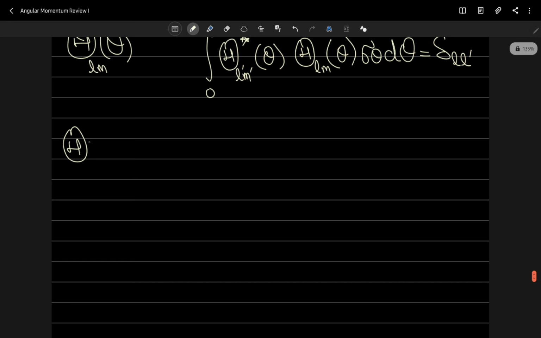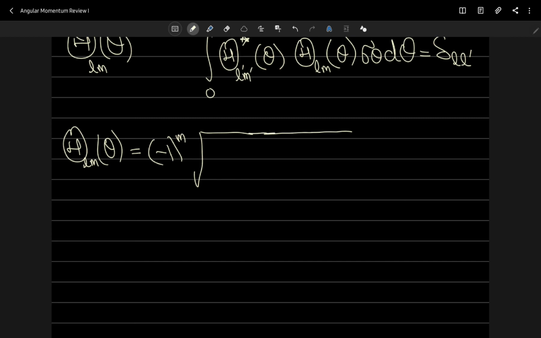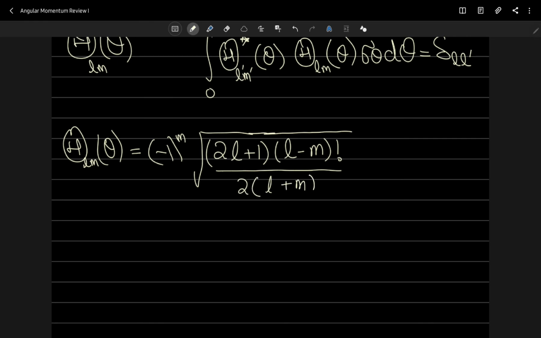And so with this, we can write down theta Lm of theta as minus 1 raised to power m times the square root of (2L plus 1) times (L minus m) factorial over 2 times (L plus m) factorial, all of this multiplied by PLm as a function of cosine of theta, with m greater than or equal to 0.